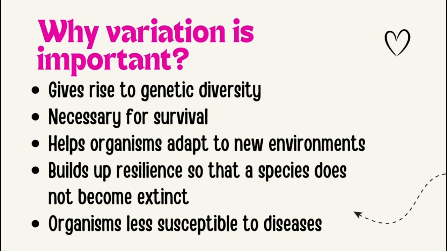Something like asexual reproduction, if we have a flower, it reproduces asexually, right? And it just creates a bunch of offspring just like that. Let's just say that the flower is susceptible to a particular disease, right? And then it will have like 20 offspring exactly like it.